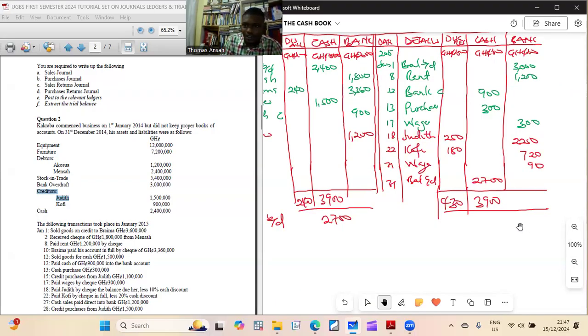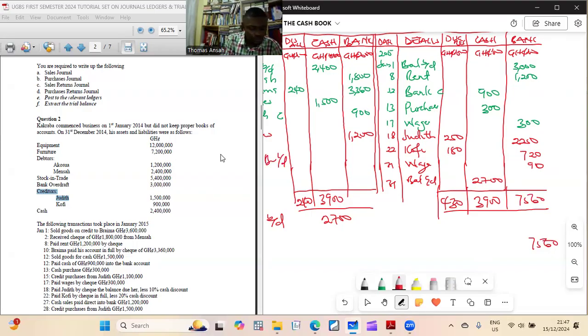Let's just see, 7,560. Let's add this side. 1,800 plus 3,360 plus 900 plus 1,002. That is 7,260. So here is the bigger one. So 7,560 is the bigger one, which means that the balance carried down will be here.